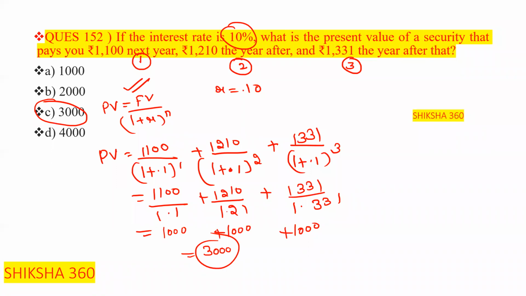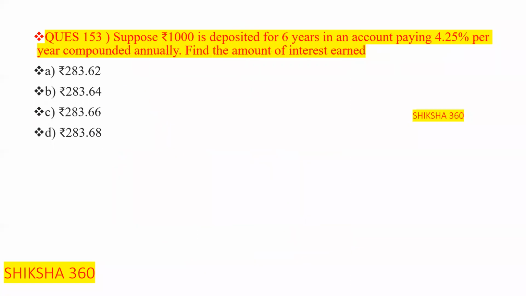Now move to the next question, question number 153. Very easy question. Even some students have doubts in this question, so let's solve it. But this question is very easy, even a 4th or 5th class student can solve this type of question.